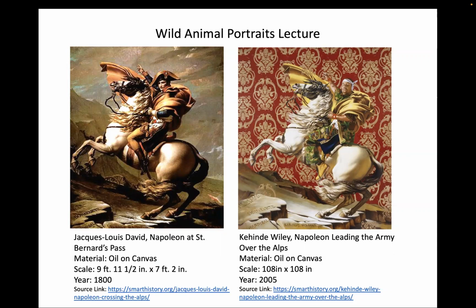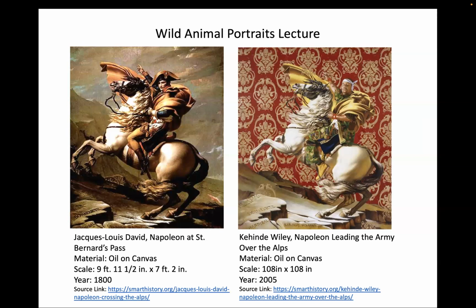Kehinde Wiley is a contemporary African-American artist who deals with the white male lens in the context of history genre paintings, but also substitutes his characters and models with black figures, a play on power, a play on the socioeconomic roles that we live in terms of contemporary society, or contemporary issues, I should say.